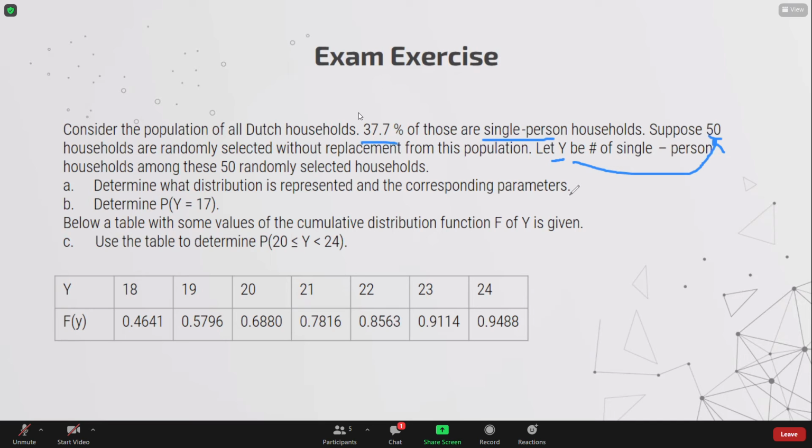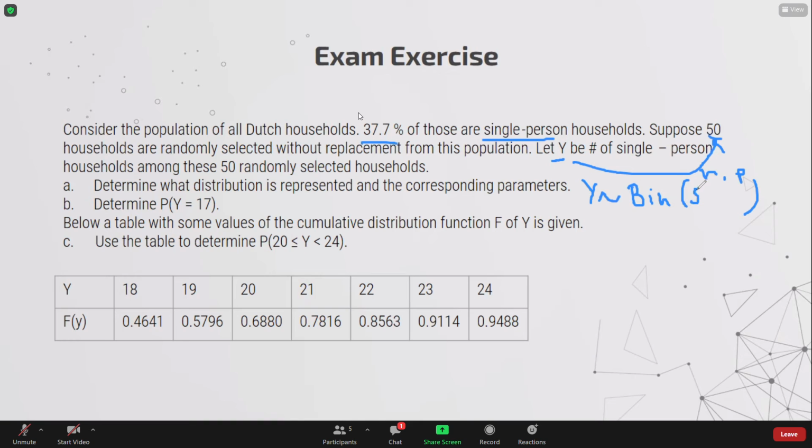When we're taking a random object from the whole population, it's always a binomial distribution. So we have our event, which is Y, denoted by the binomial distribution. And here we have to take n and p. Firstly, how many participants do we have in our experiment? 50.